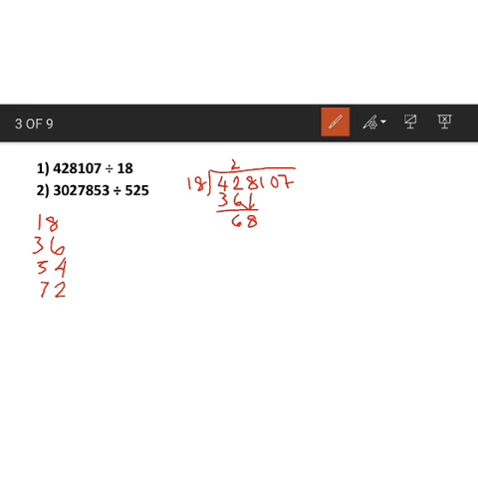So it will go 3 times. So now write 3 just to the right of 2 in the quotient part. And 54, write it just below 68.